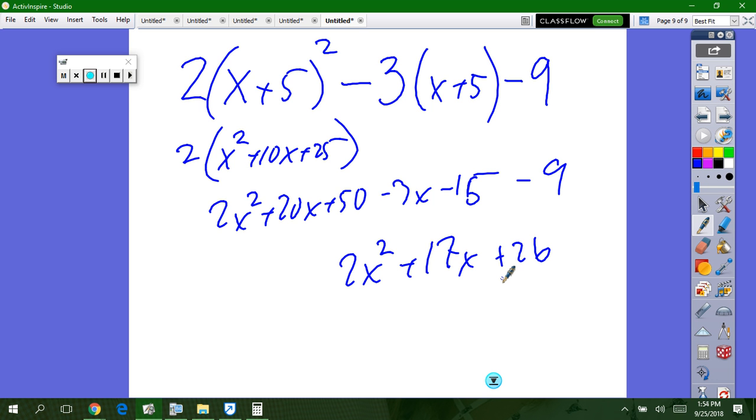Okay, plus 26. So I go 2 times 26, which is 52. A positive 52, and I get 1 and 52. Yep, 2 and 26. Can 3 go? Nope.